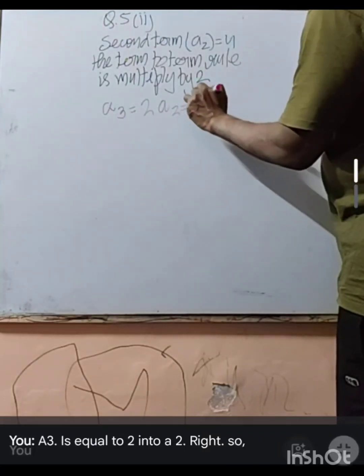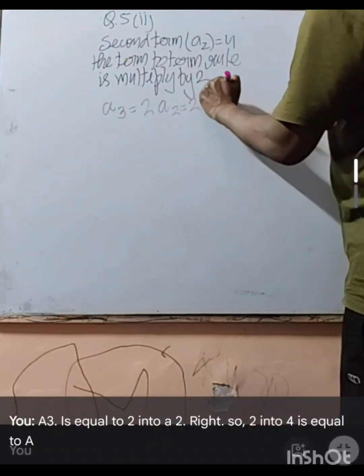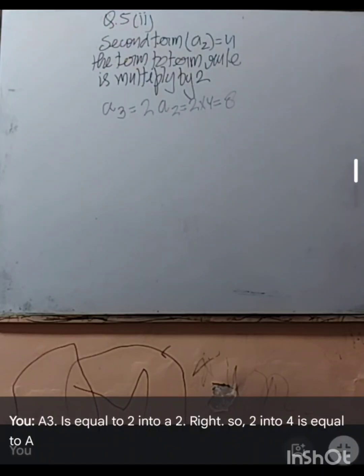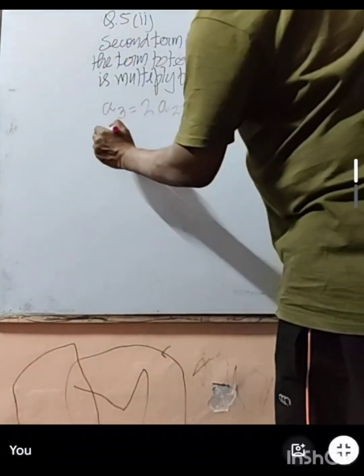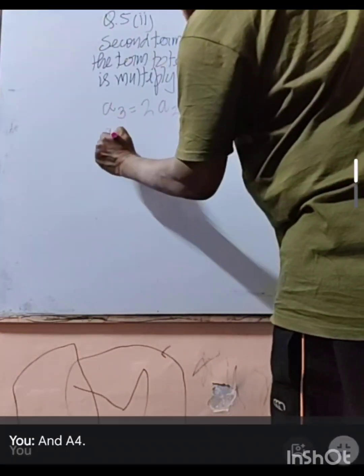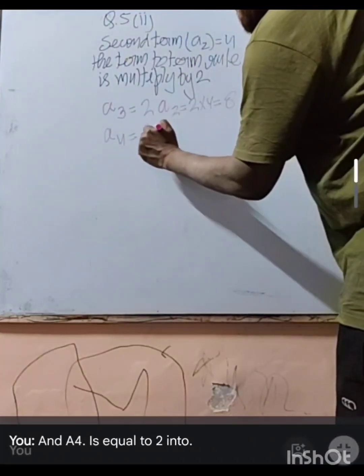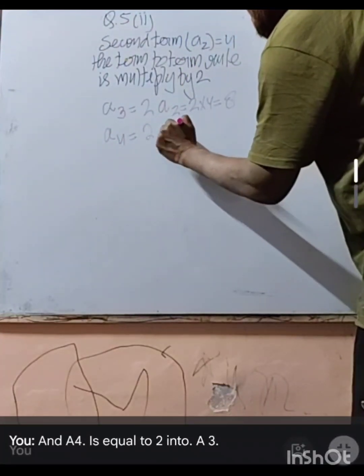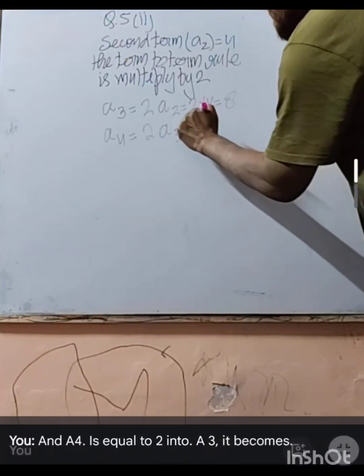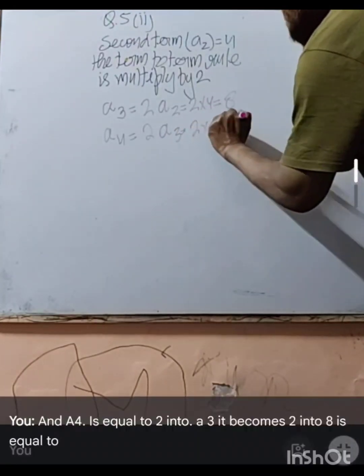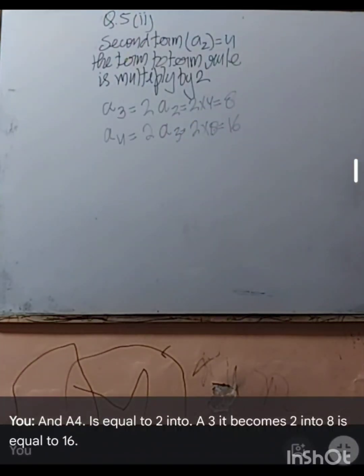So 2 into 4 is equal to 8. And A4 is equal to 2 into A3. It becomes 2 into 8 is equal to 16.